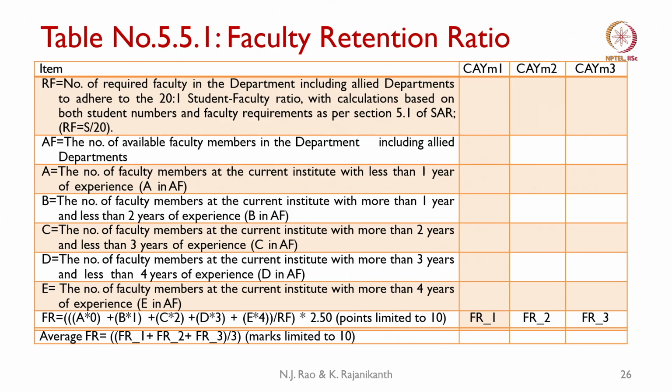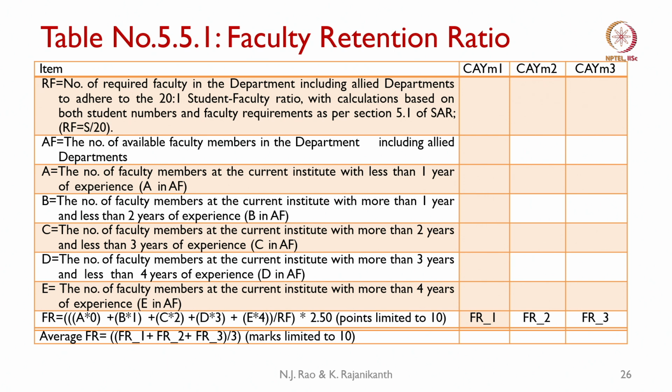So, the actual value of FR, faculty retention, is calculated as E into 4. If they have been with the department for more than 4 years, that number is weighed by 4. If it is D, the weightage comes down, only 3 is the multiplier. And if it is C, only 2. And if it is B, there is only 1 as the multiplier.